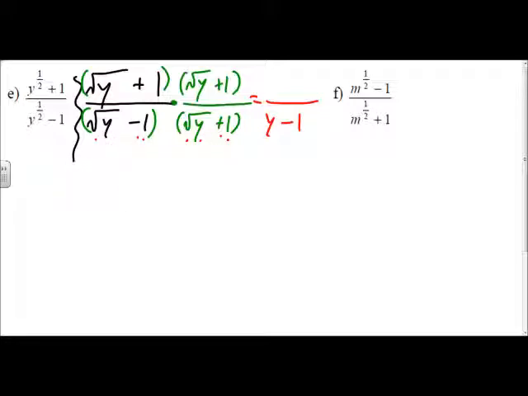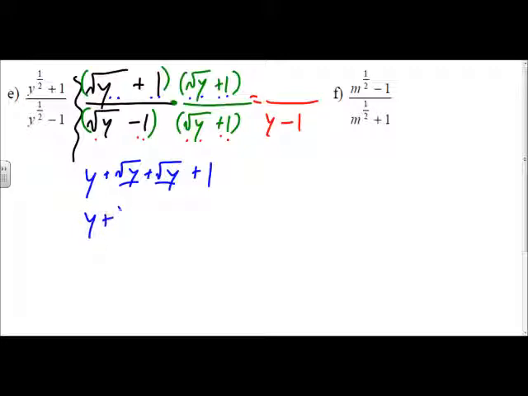From here, we now also need to look at FOILing out the top. Square root of y times square root of y is y. Square root of y times 1 is square root of y. 1 times square root of y is the square root of y. And 1 times 1 is 1. We're not quite finished. We want to make sure we combine the like terms.